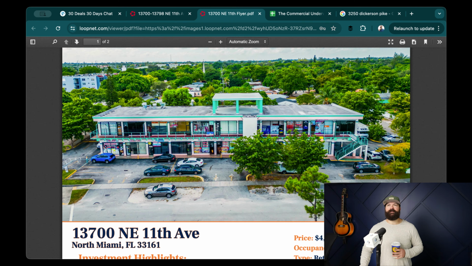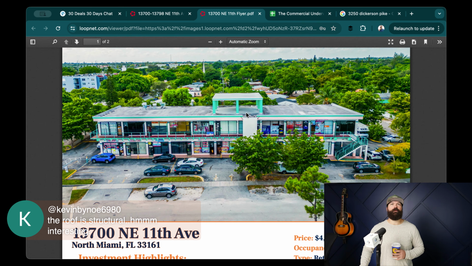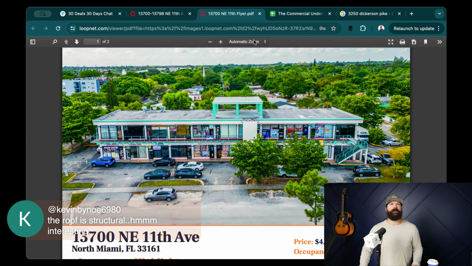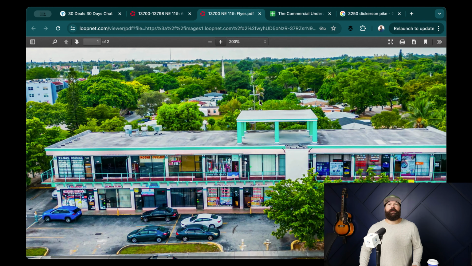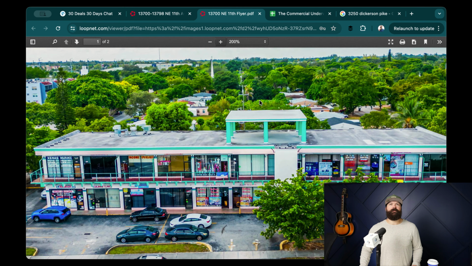Let's see. Kevin is saying the roof is structural. Interesting. Yeah, I don't know what's going on right here. Let me zoom in here. That looks to me almost like it was a canopy.